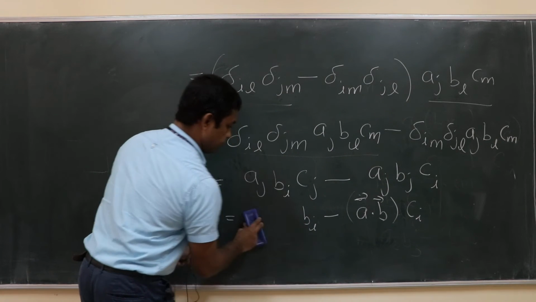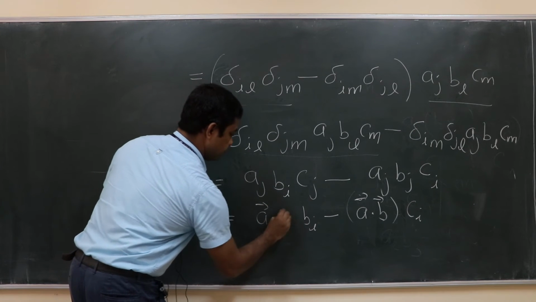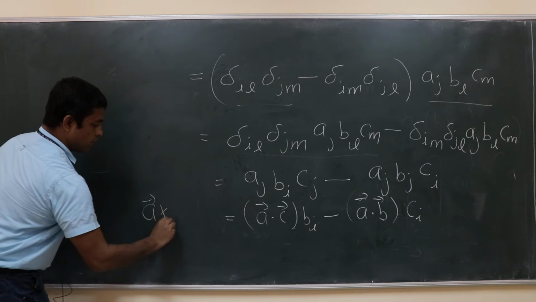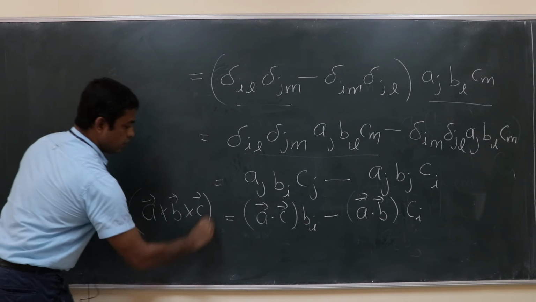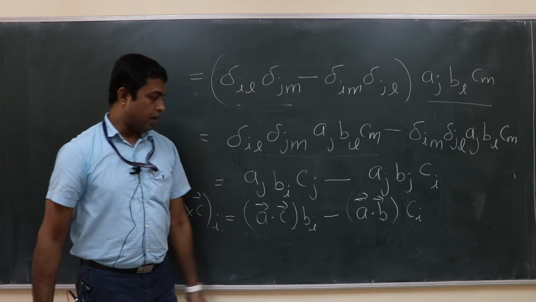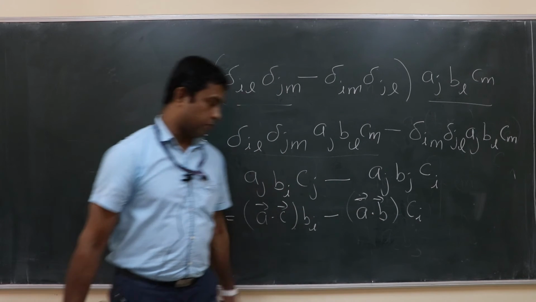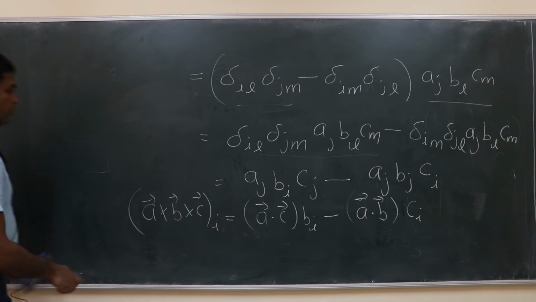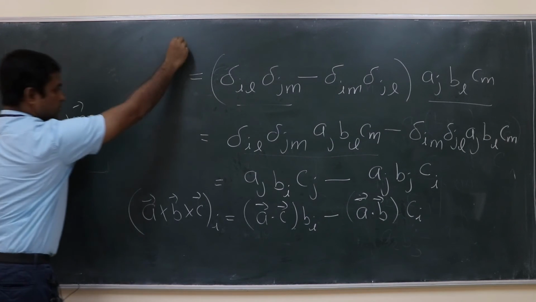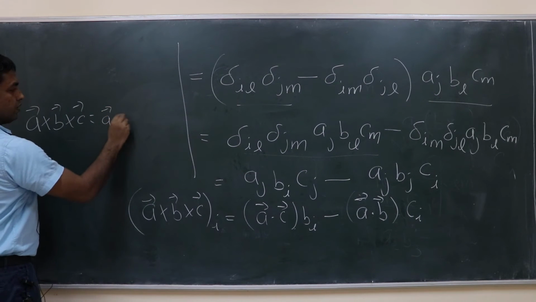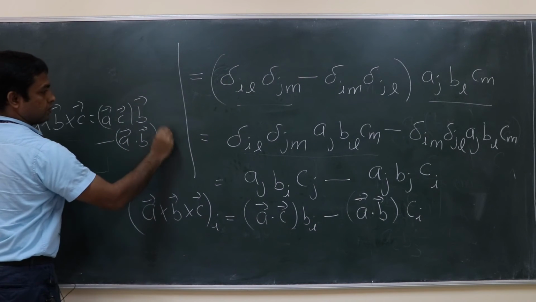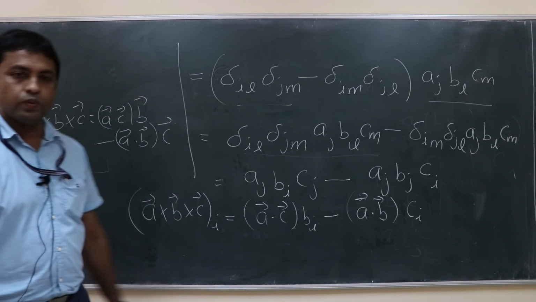Dot product of A and C. So your starting point was the ith component of A cross B cross C. So this vector's ith component is something into the ith component of B minus some constant into the ith component of C. So what is A cross B cross C equal to? A dot C B minus A dot B C. Fine?